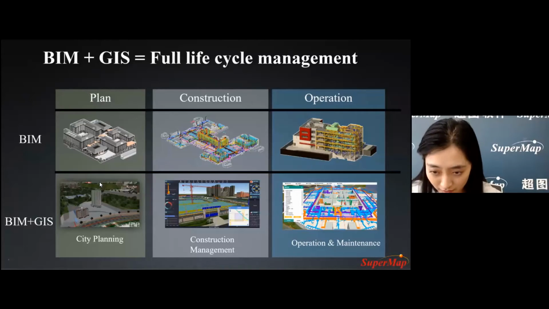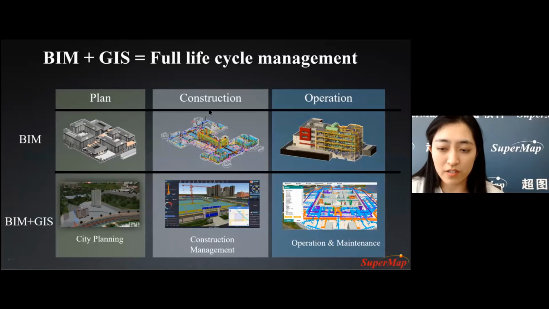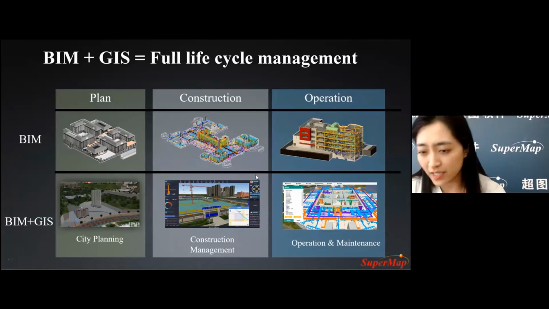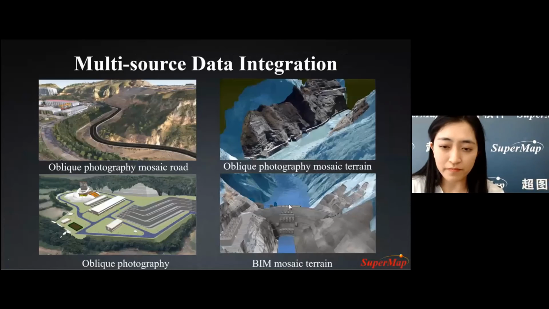In the construction stage, it can also be combined with cameras and various sensors to carry out construction supervision. In the operation and maintenance stage, GIS can do a lot, for example, property management or emergency pre-plans and so on.